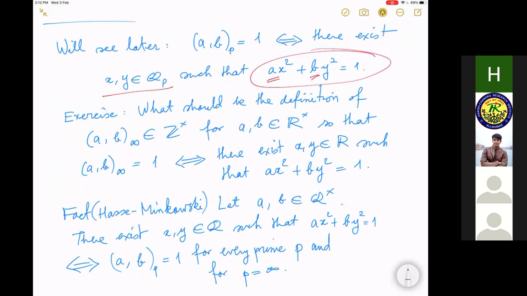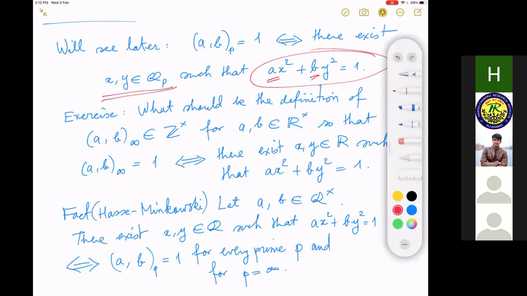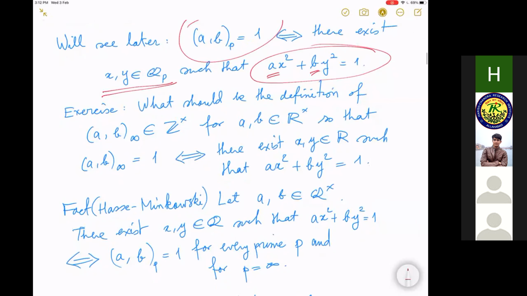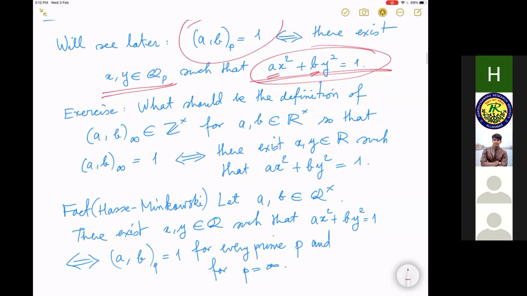So this is what we will prove at the end of the lecture today, that there are solutions X, Y to this equation if and only if the Hilbert symbol (A, B)_P is equal to 1.